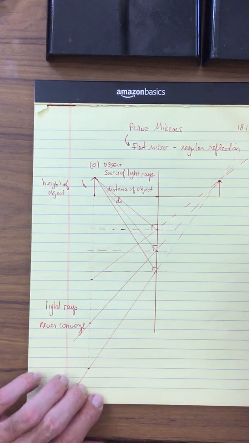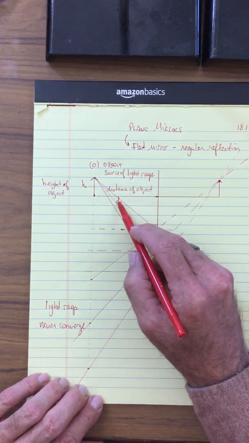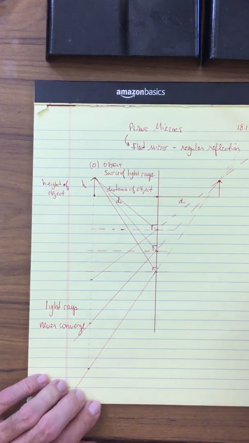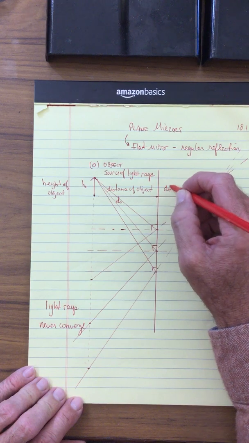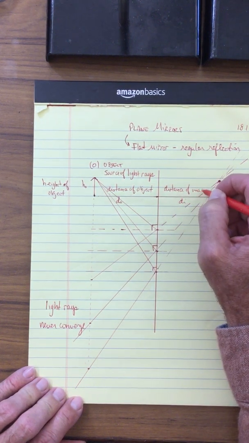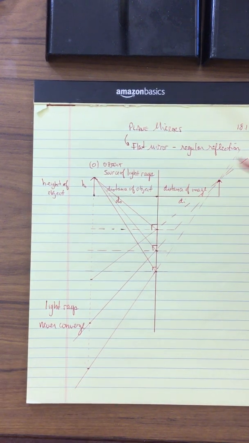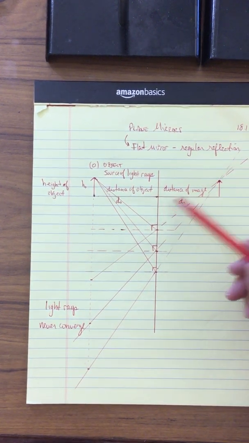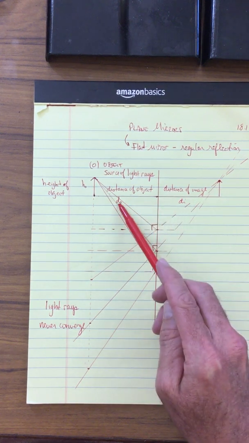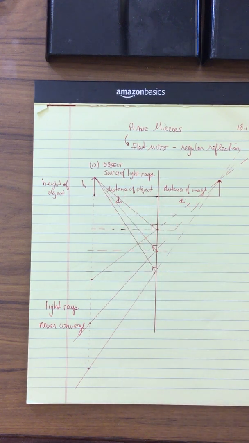But now we have some other terminology to fill in, and here's the distance of the object. This is the distance of the image. So again, the image is going to be the same distance into the mirror as the object is away from the mirror.